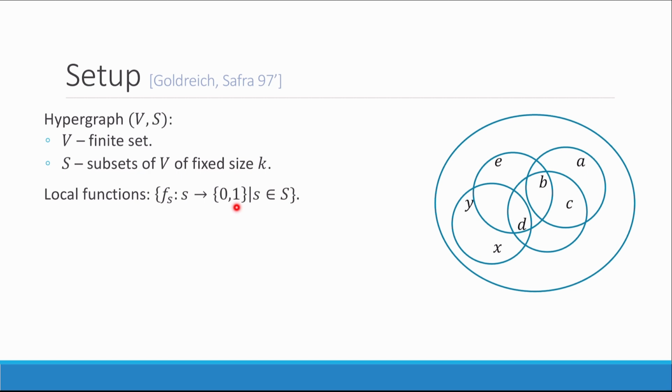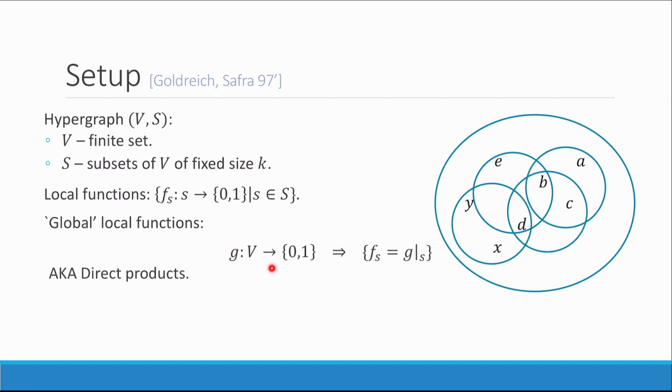What we want to understand in agreement testing is whether these local functions actually correspond to one function on the whole vertex set. So we call a set of local functions global if there exists a function g on the whole vertex set so that every f subscript s is actually just taking this g and restricting it to the points of S. These are what we call global functions, or sometimes direct product functions.